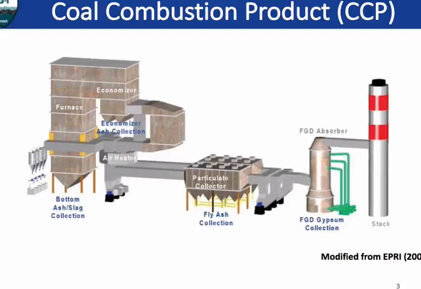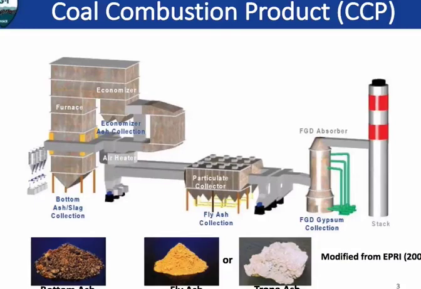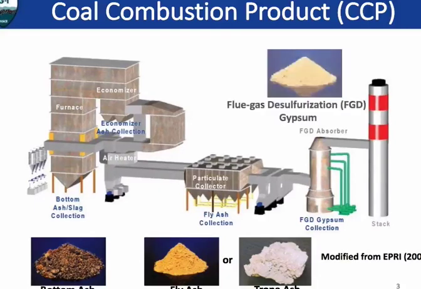So coal combustion product, also known as CCP, is one of the largest waste streams in the U.S. It normally includes bottom ash, fly ash, and flue gas desulfurization gypsum, which is also known as FGD. Sometimes people inject Trona powder into the flue gas to help reduce the sulfur, and it also produces Trona ash.